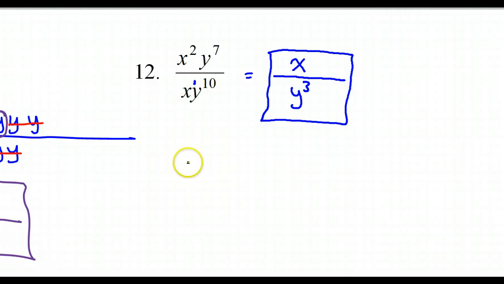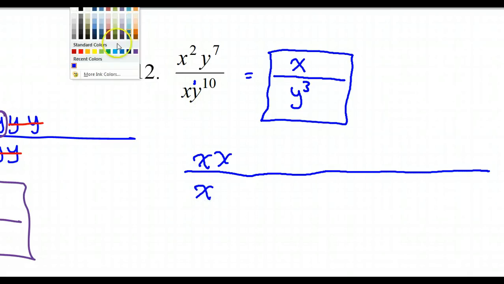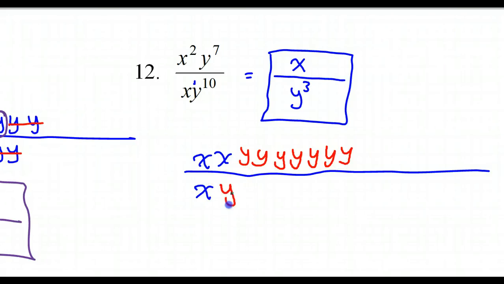And again, when in doubt, just write it out the long way if you can. X squared, that's x x. And then we had the 1 x here in the bottom. And then the y's, y to the 7th, 1, 2, 3, 4, 5, 6, 7. And then y to the 10th, 1, 2, 3, 4, 5, 6, 7, 8, 9, 10.